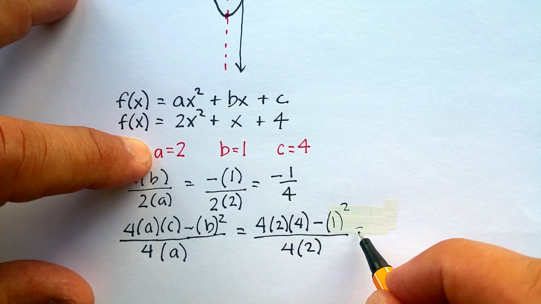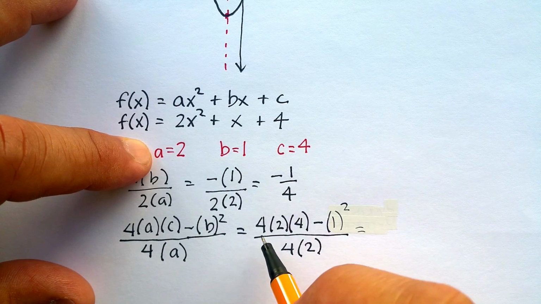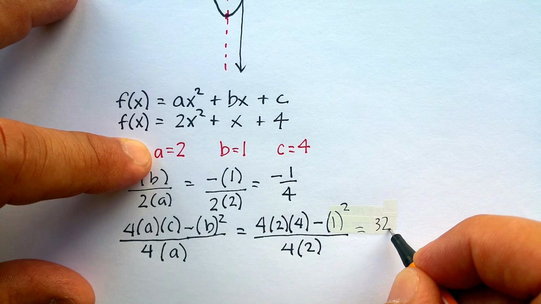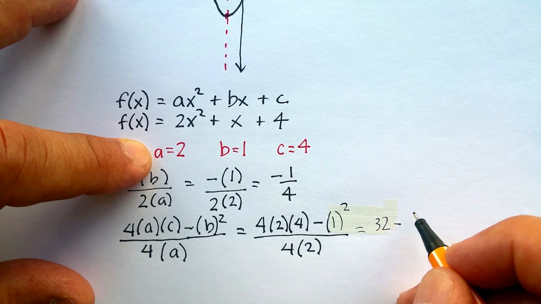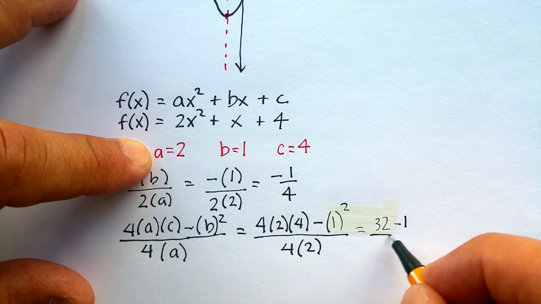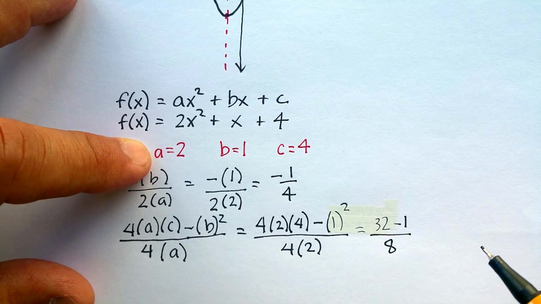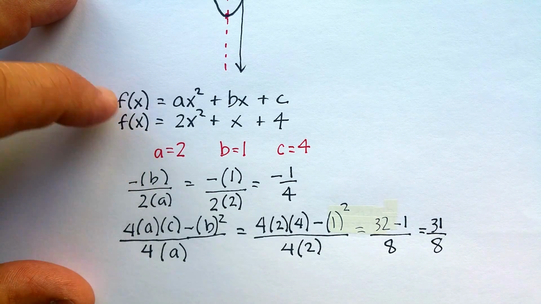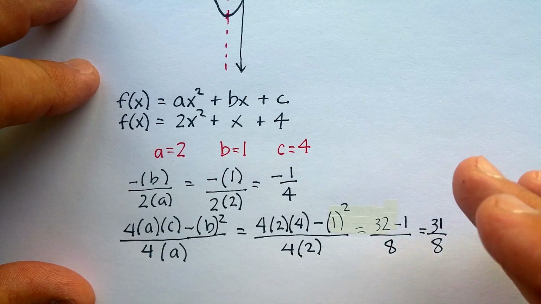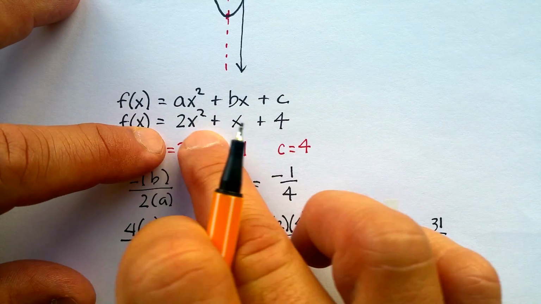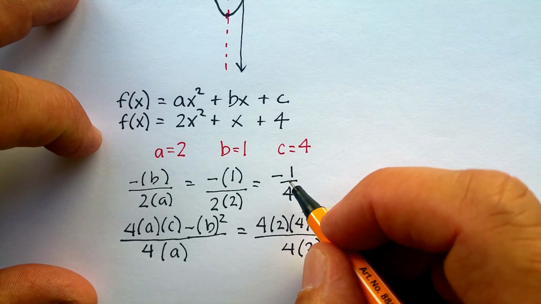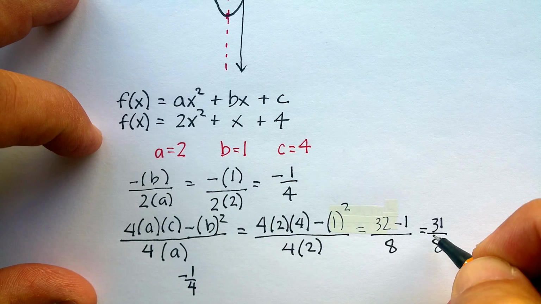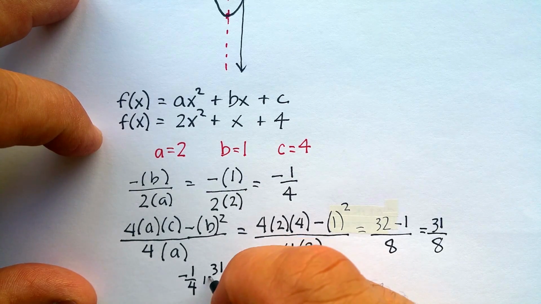Let's go ahead and evaluate this now. 4 times 2 is 8. 8 times 4 is 32. Minus 1, because 1 squared is just 1, all over 8. This turns out to be 31 over 8. So the vertex for the parabola that I've written here is going to be negative 1/4 and then 31 over 8.